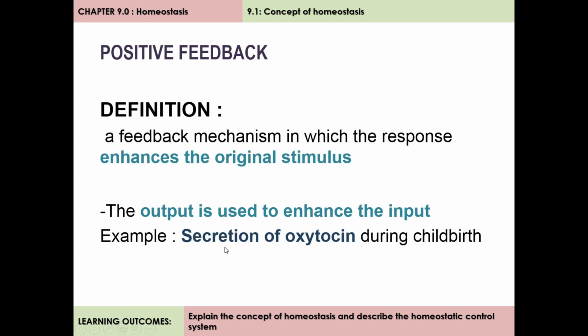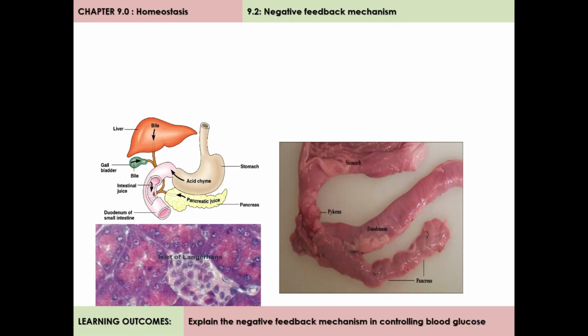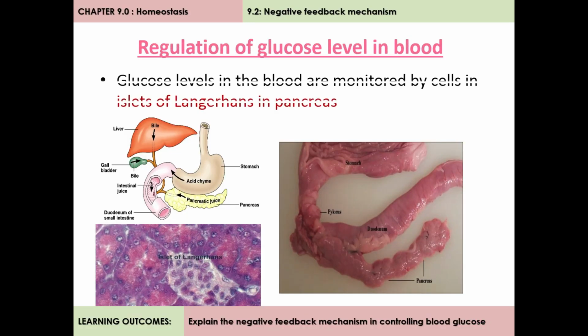If the question asks what is the difference between positive feedback and negative feedback mechanism: negative feedback is a homeostasis mechanism that reduces or stops the original stimulus, but for positive feedback, it enhances it. An example of negative feedback mechanism is regulation of glucose level in blood.